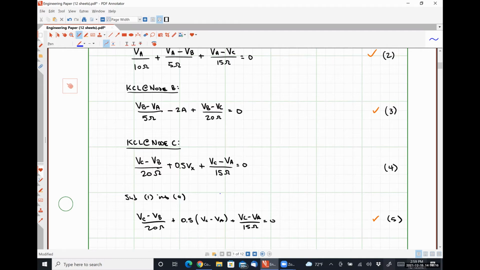Jessica, got any thoughts? Coefficient for VB in equation number 5. Pardon? No, it's only going to be 0 if there's no VB, but there's a VB in that first term, right? Exactly right, -1/20.